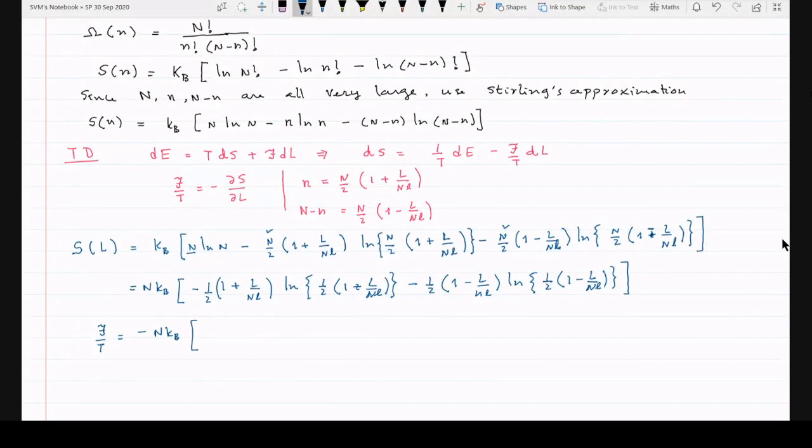Now I'm going to take a derivative of this one. So the derivative, if I take the derivative of this, I have minus 1 by NL into logarithm of this quantity as it is, half of 1 plus L by NL. Now I keep this as such and differentiate this, then I will have minus 1 by N.